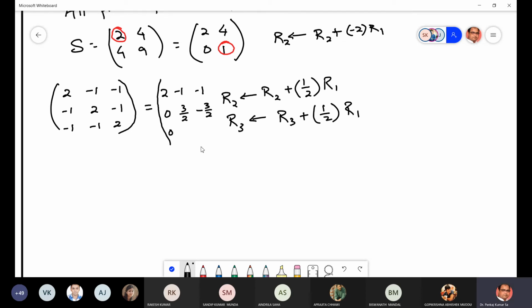This is also 0. So this one becomes minus 3 by 2, and this one becomes 3 by 2.